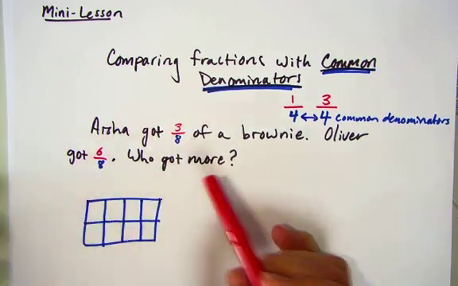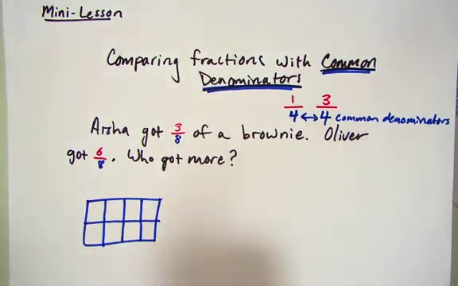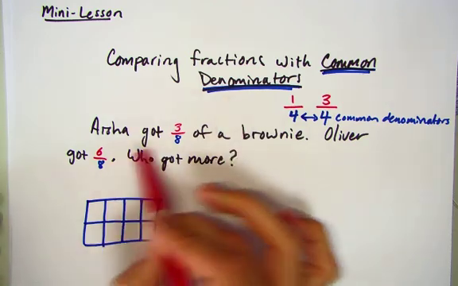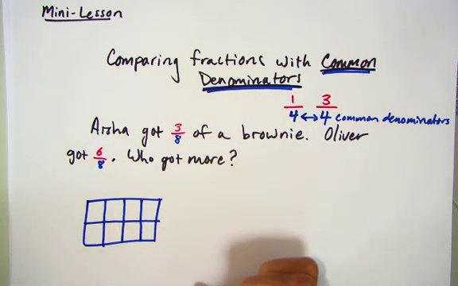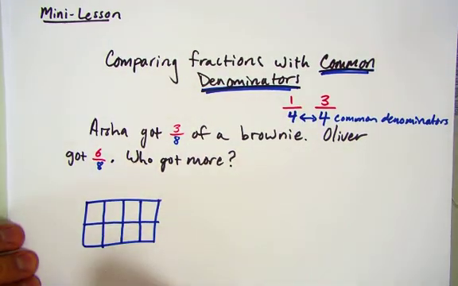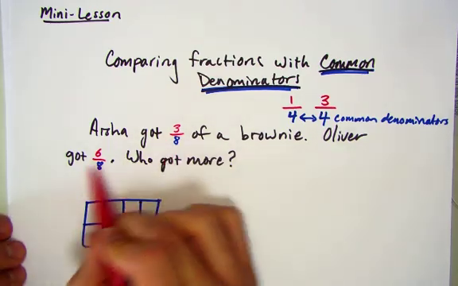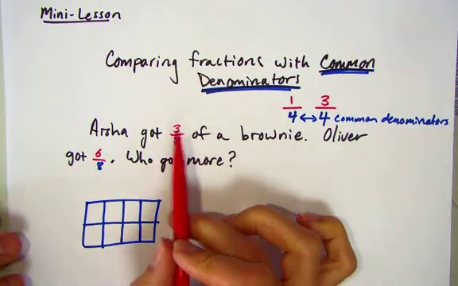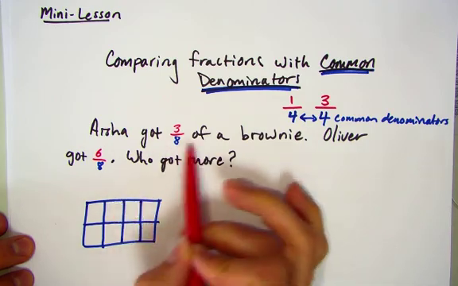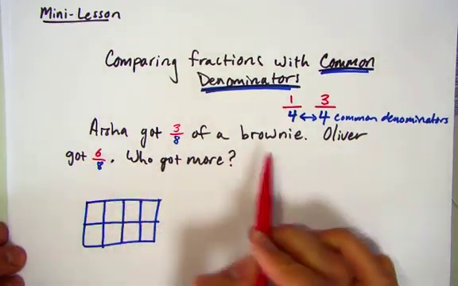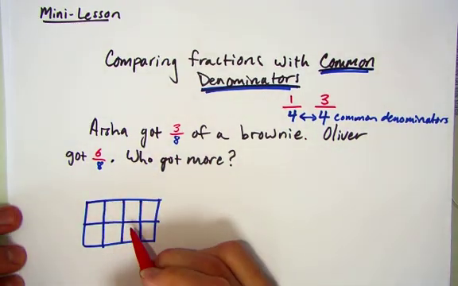If you want to stop the video right now, guess which one is bigger and draw your own brownies, please do that. You can probably already predict which student got more of the brownie.